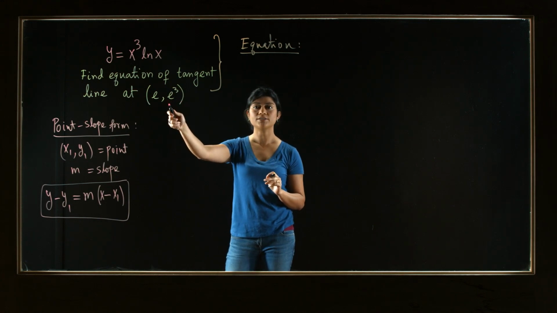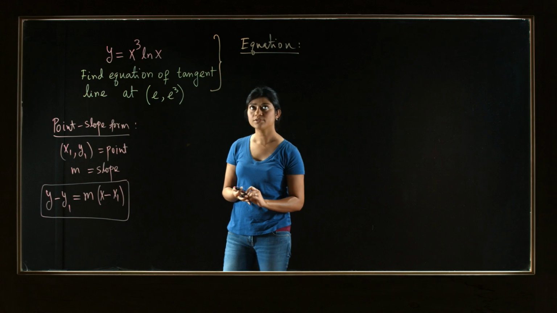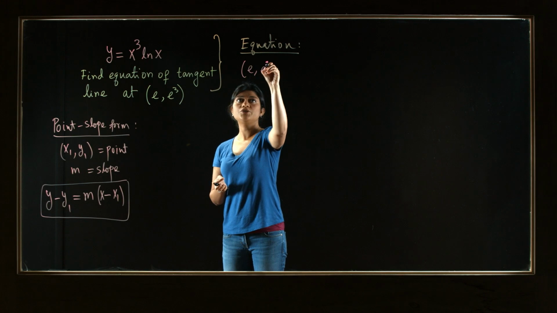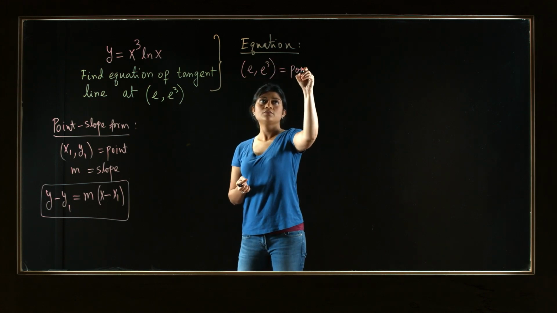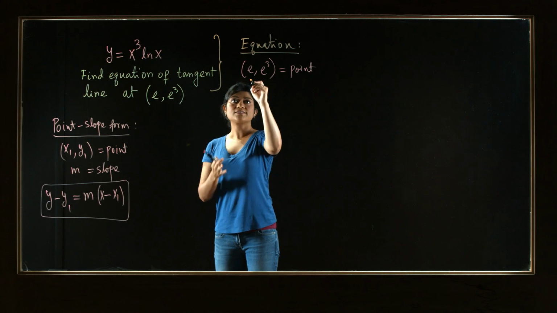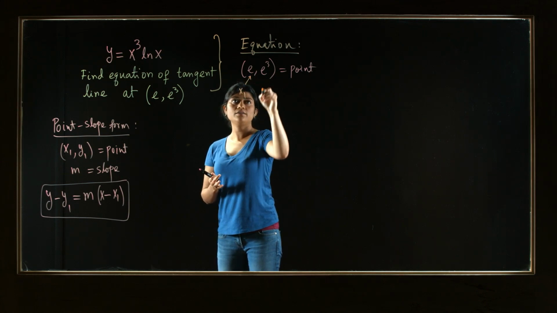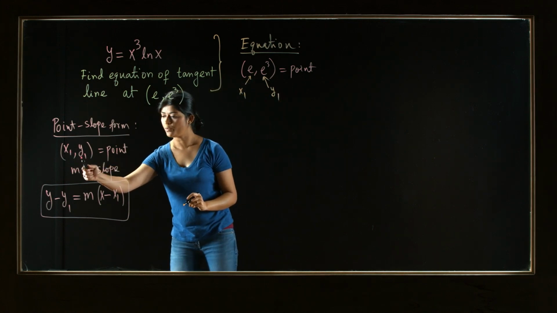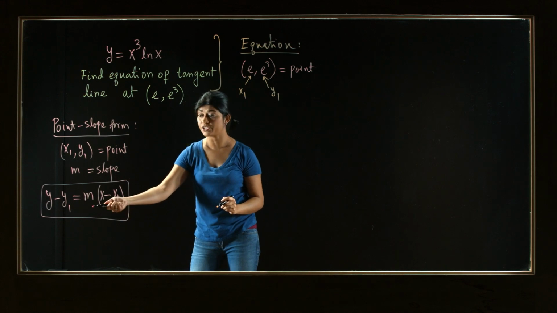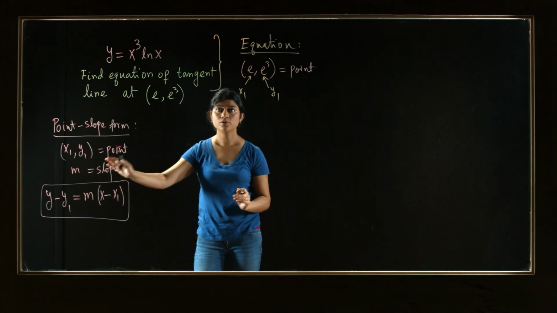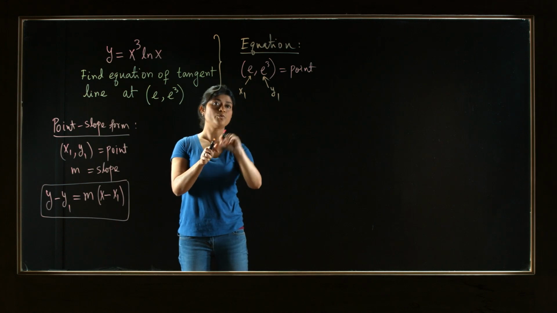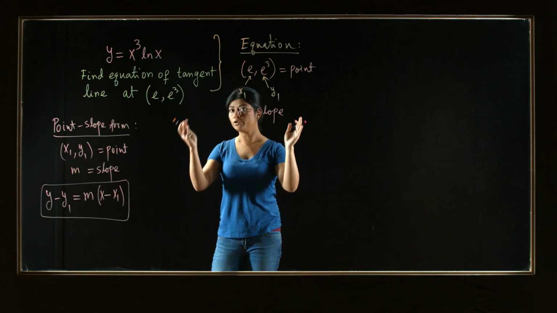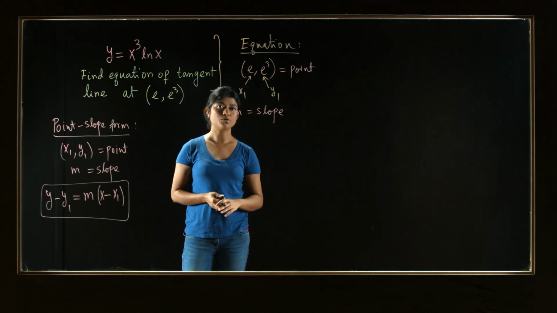So this is the point that we need on the line, which means e is our x1 and e cubed is our y1. As soon as we know x1, y1, we can start writing down the equation. But we need the slope. Let's say m is the slope of this line. We don't know it yet, but we will figure it out.